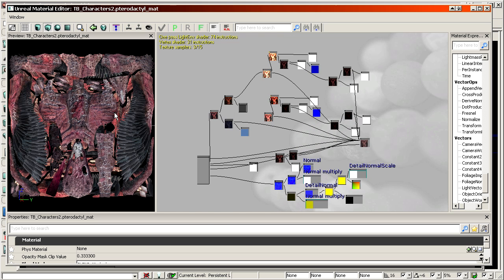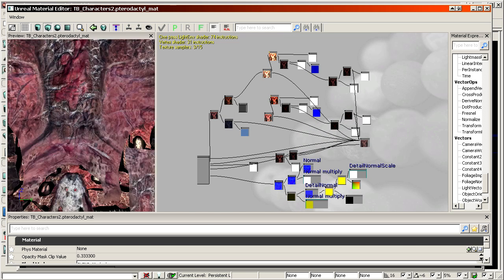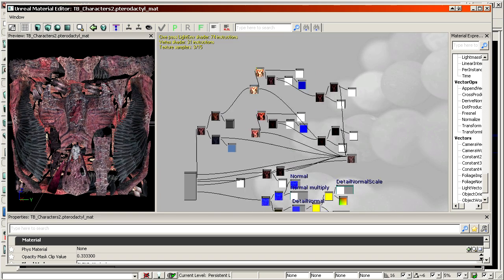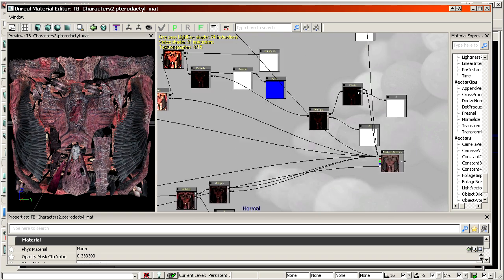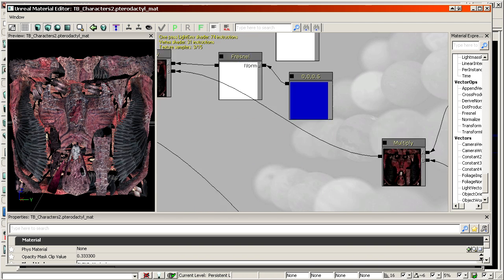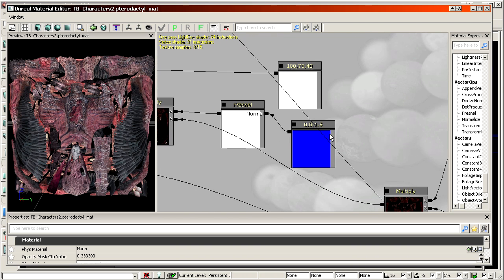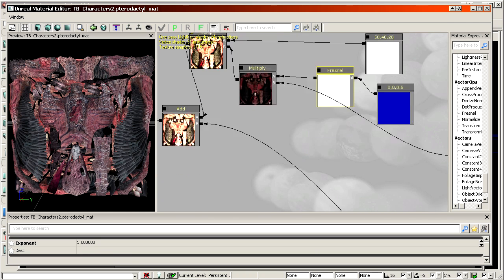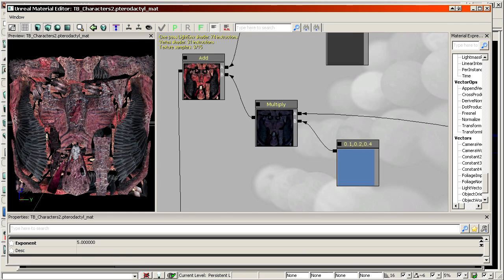This is our bird. We have a big cooked bird, we call him, because he looks quite cooked. That's our bird. Kind of the same setup here, detail normal mapping there. And what this is, we have rim lighting there. And I believe this is a second layer of rim lighting on top.